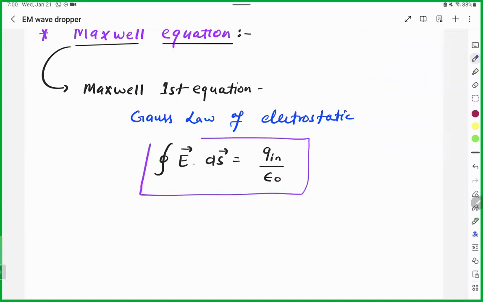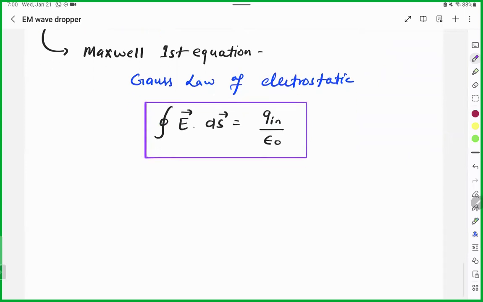Second equation given by Maxwell is the Gauss law of magnetism.